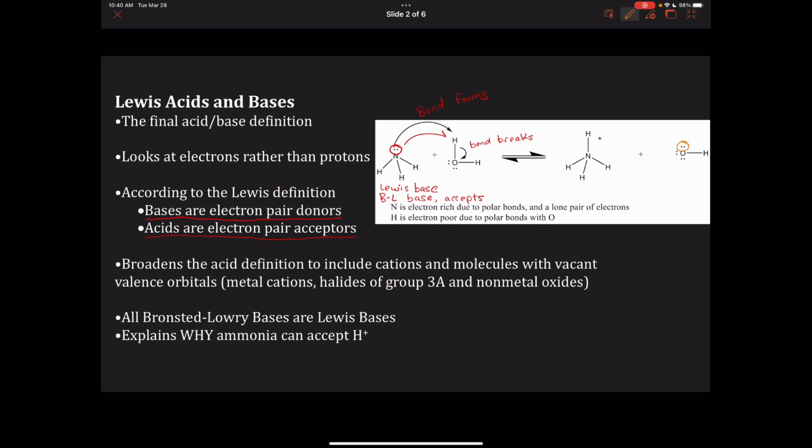That hydroxide can donate its pair of electrons to the hydrogen. As it does so, that bond to hydrogen breaks, so the lone pair goes back to the nitrogen. We get our NH3 back. The hydrogen goes to the hydroxide. We get our water back. So in this case, the hydroxide is the electron pair donor. So it is the Lewis base.